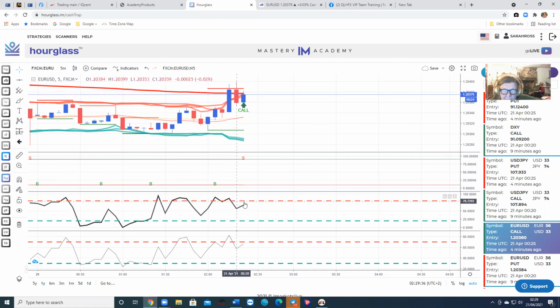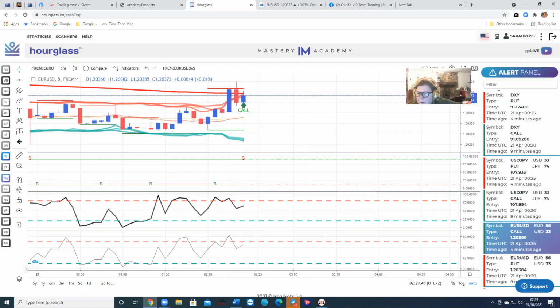It hasn't quite come up as much as I would like, but it is that 200 and the Bollinger Band is holding it. We haven't got the currency strength meter in our favor. We want the US dollar to say call on the DXY. It must say call before we decide to take it.